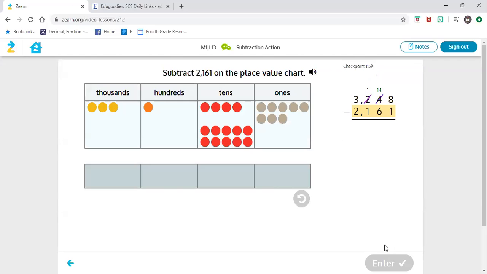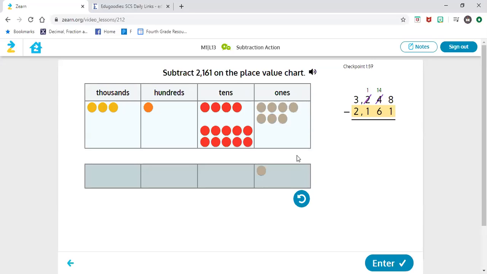Okay, so we're using the place value just to show what we are doing. We're going to use the standard algorithm when we actually work out our problems, but we're using the place value so we can understand how we're unbundling or decomposing a number. So in the ones, I have 8 and I need to take away 1.